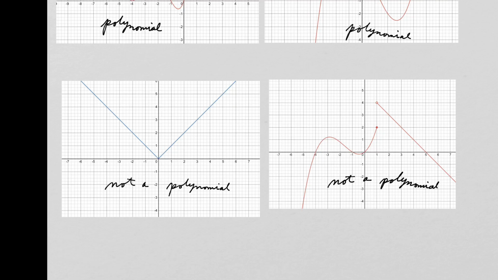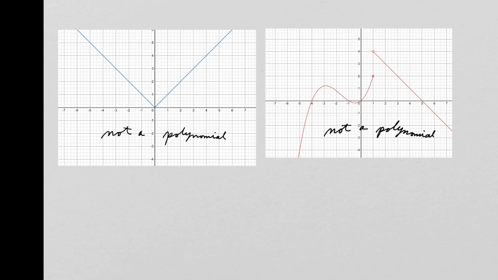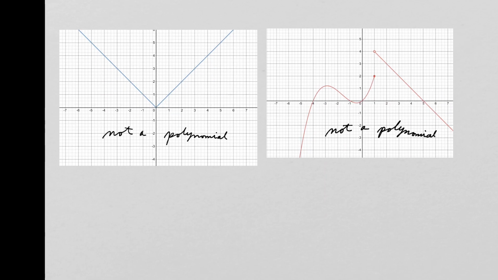Okay, we talked a little bit about local behavior in the last lecture. Let me mention a little bit more about that. In particular, we can use factoring, right, to find the zeros of a polynomial function. Let me just do an example on that.